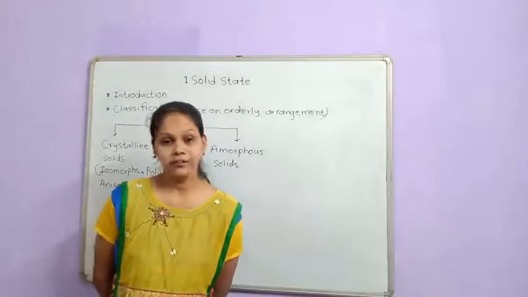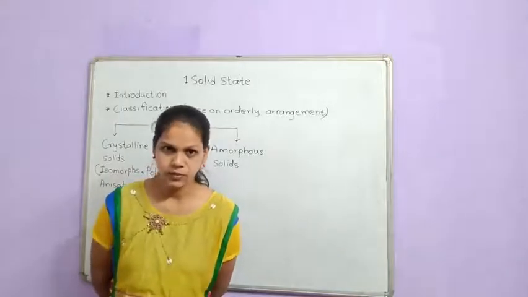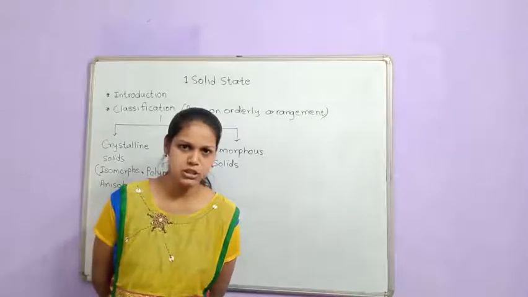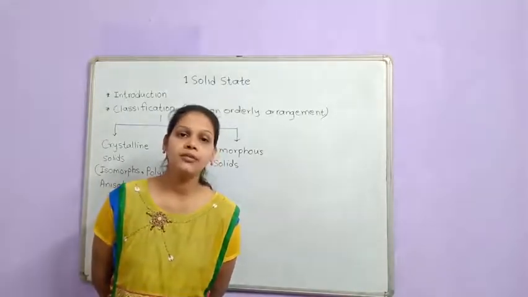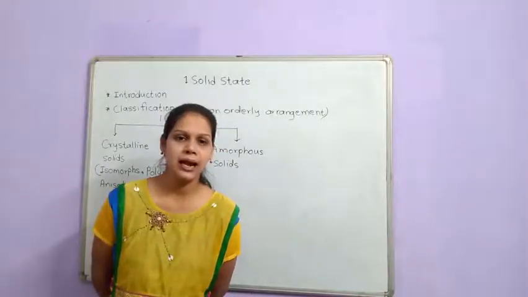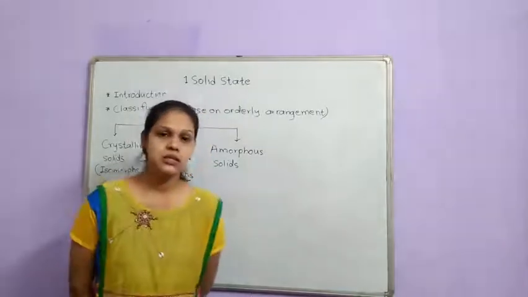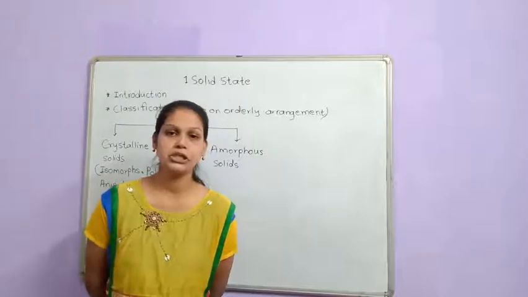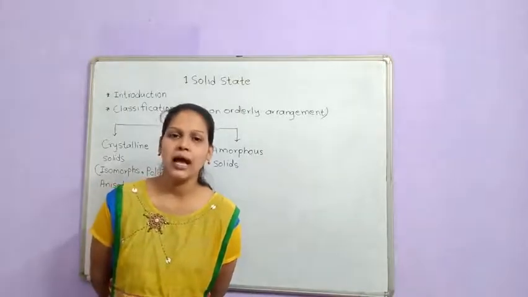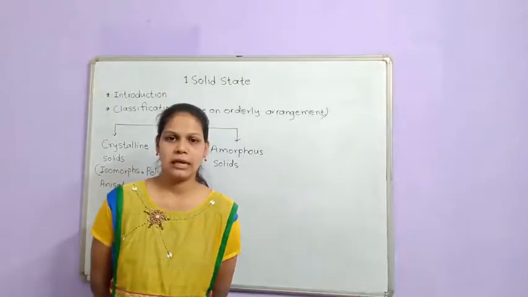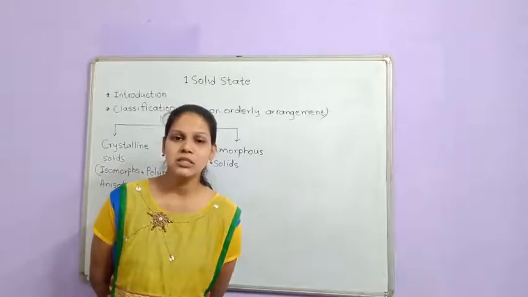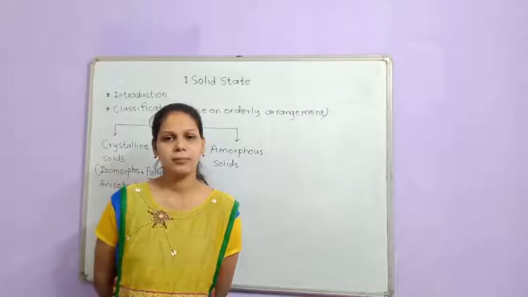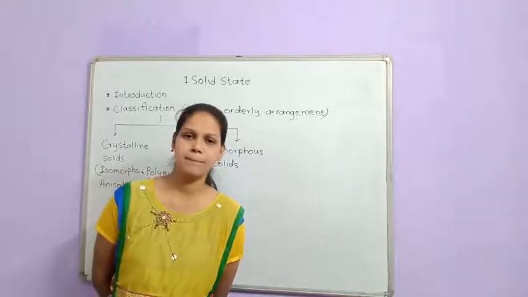Means when the same solid is crystallized under different conditions, you will get a different form or different physical appearance of that substance. It is also called an allotropic substance. Allotropes have the same chemical properties but different physical properties or physical appearance.